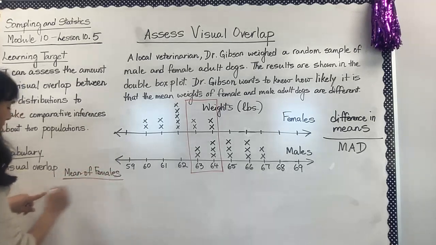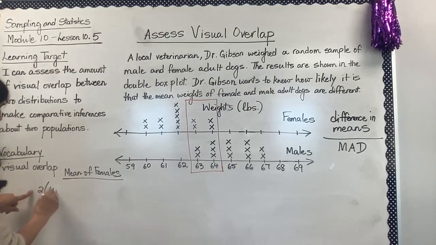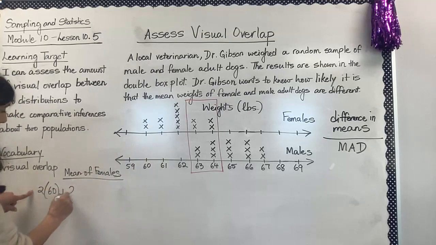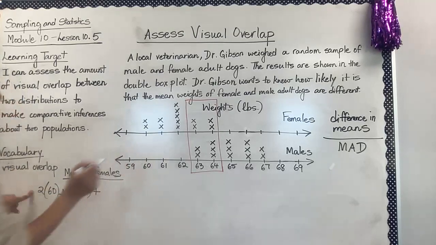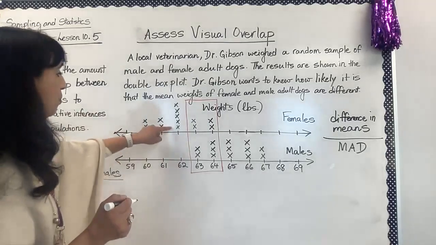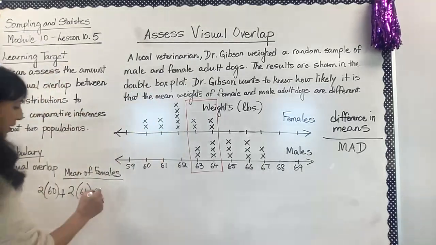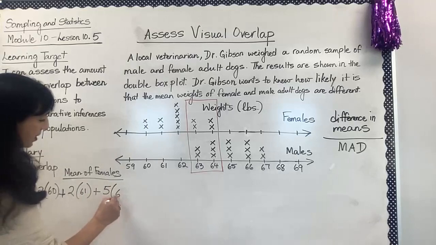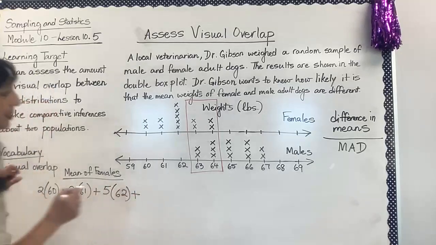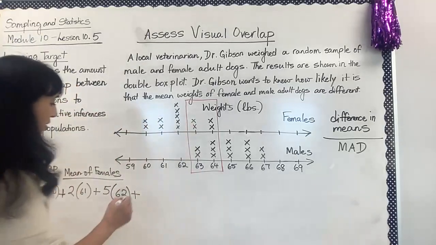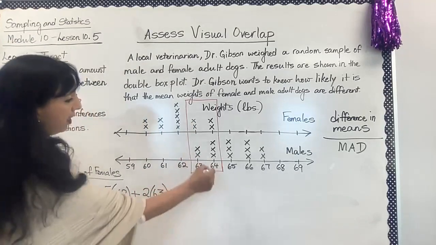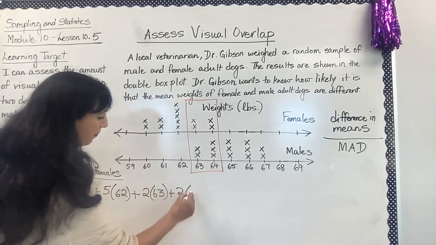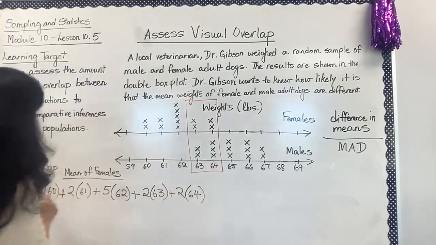So we have 2 times 60 plus 2 times 61 plus 5 times 62 plus 2 times 63 and we have 2 times 64.